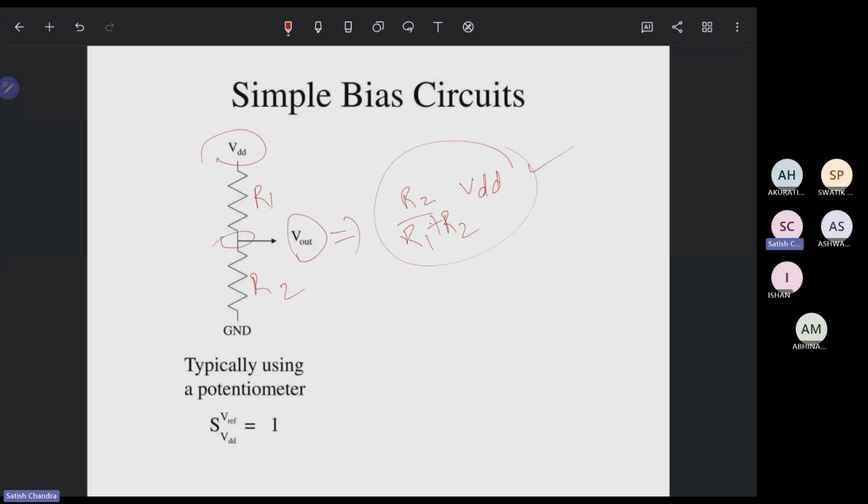This is one example from which we can define our stability. If VDD is the reference and VDD changes, then only will this value change.